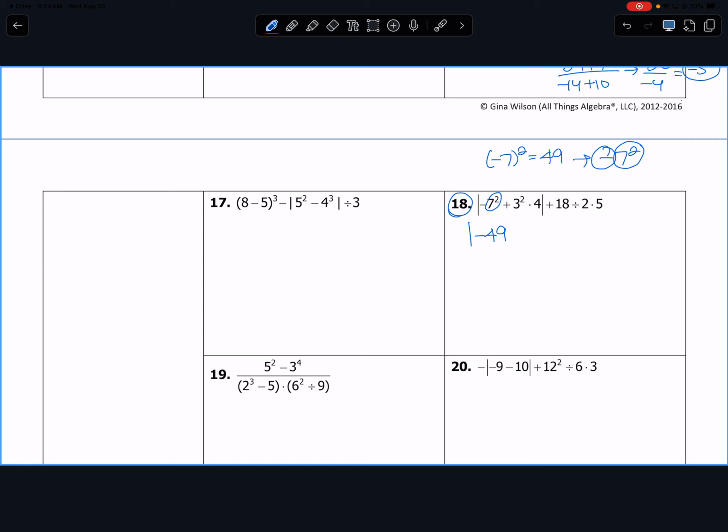So there's a difference between these two. And then +9 times 4 plus 18 divided by 2 times 5.